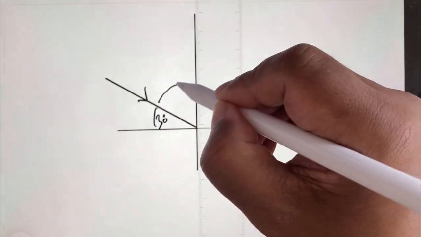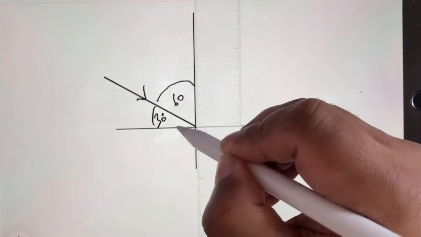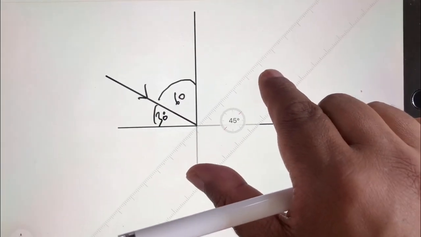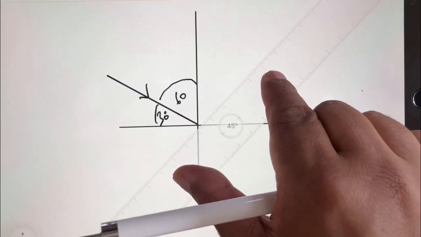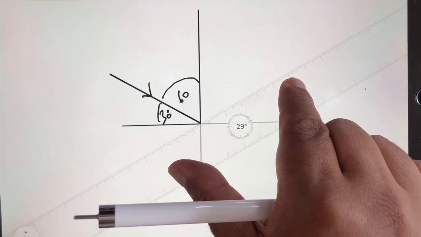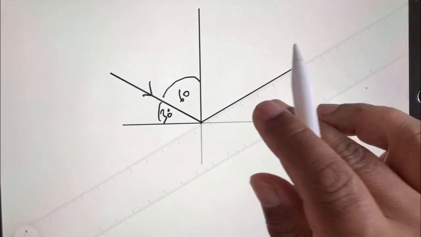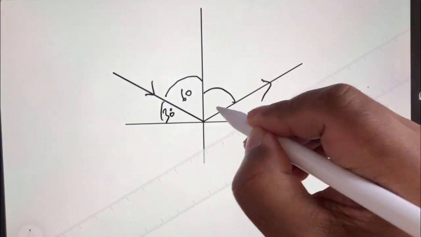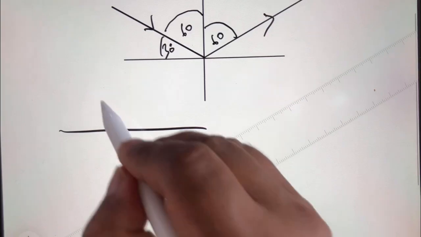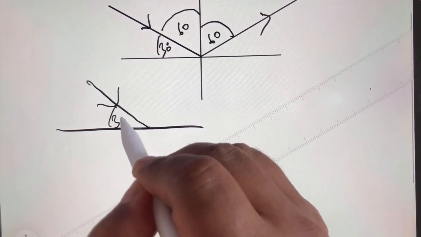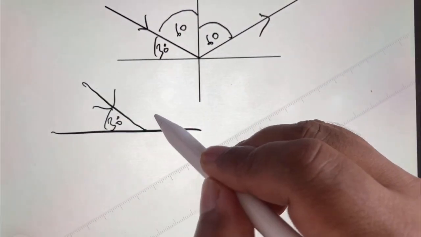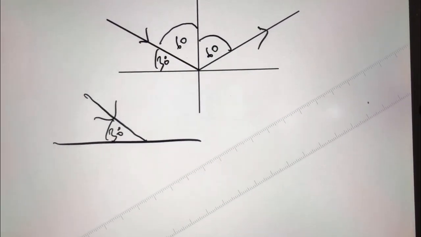Then in that case my angle of incidence is 60, because the whole thing is 90, and then you draw the angle of the reflected ray, and you make that also 60 degrees with the normal. So what did we have? Initially we had an incident ray like this. So don't just draw the reflected ray. First draw the normal, then get your angle of incidence, and then you get the angle of reflection.